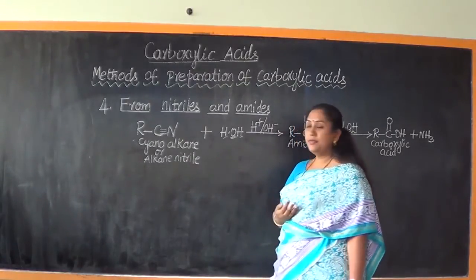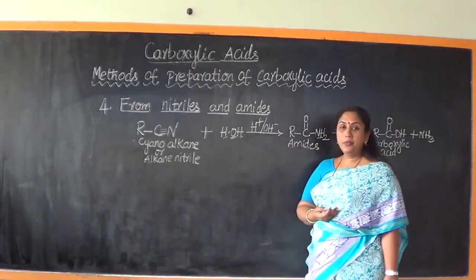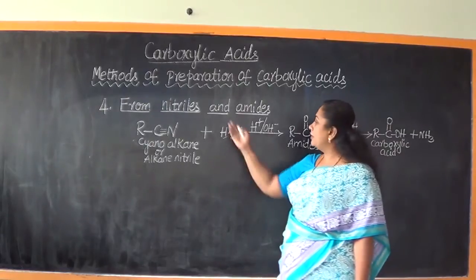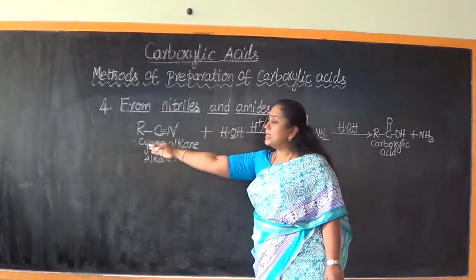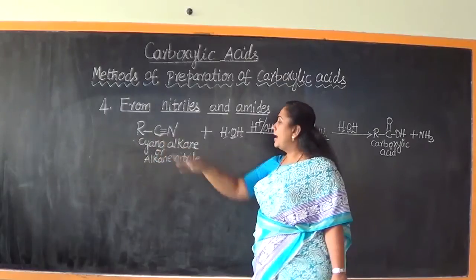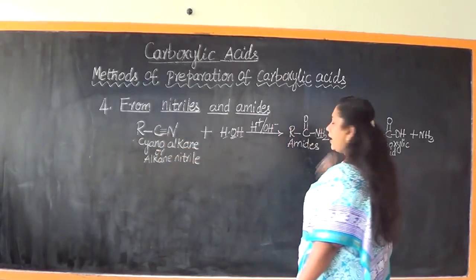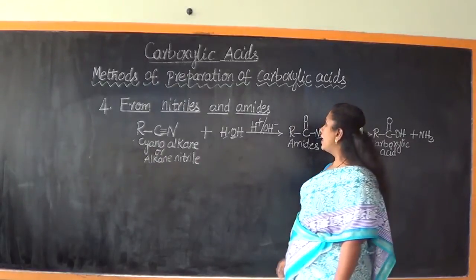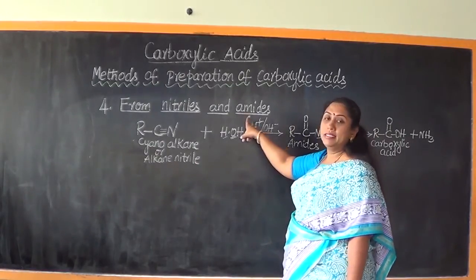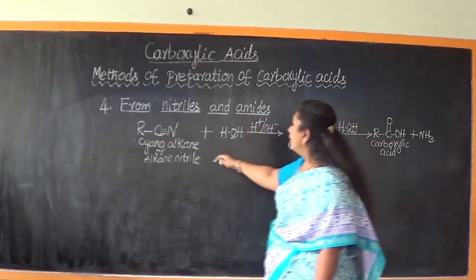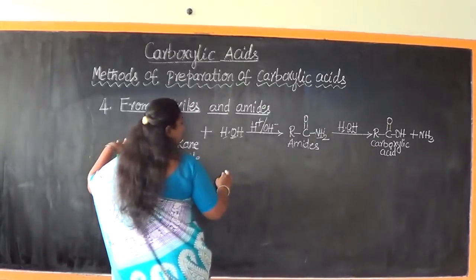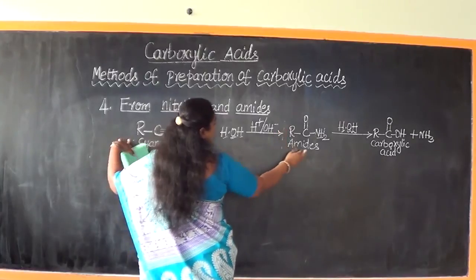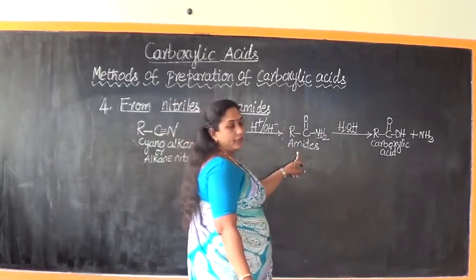Say in the exam if they ask you to obtain carboxylic acid from nitriles, you need to start from here only with RCN and then end with RCOOH. And in case they are asking this question from amides as your starting material, then you do not have to write from here till here, then this will be your starting material, amides.